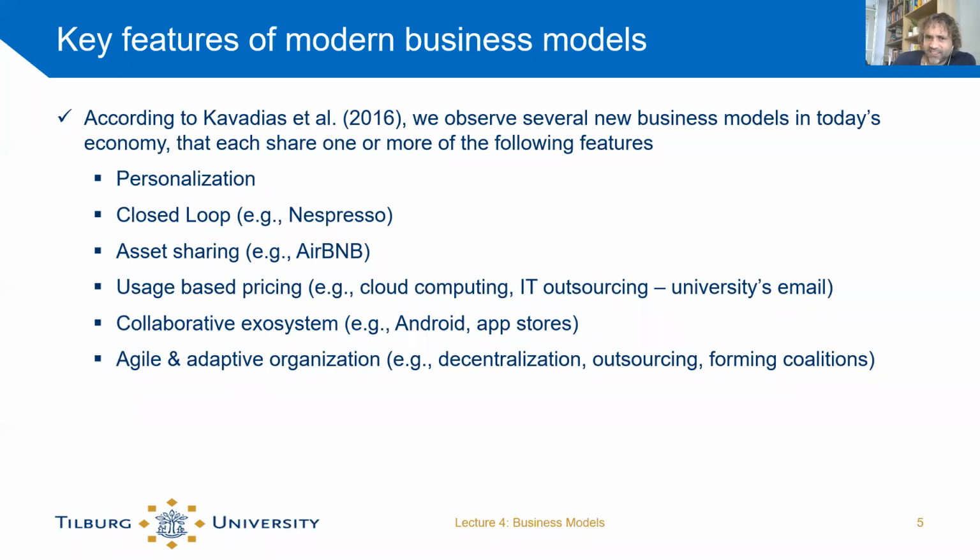Now the second one is less interesting for us. He calls that closed loop, and he says that increasingly it's more important to be environmentally aware, to have a closed loop business model. For example, Nespresso gathers the cups that you use and recycles them into new cups. They have a closed business model that takes into account every aspect of the market.